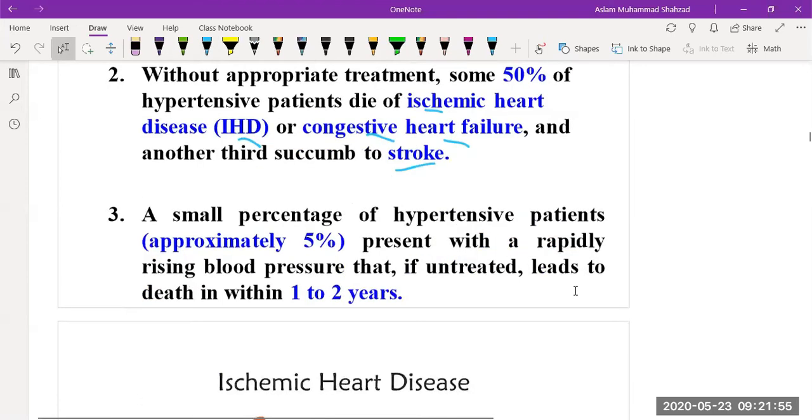A small percentage, around 5%, have rapidly rising blood pressure that, if untreated, leads to death within 1 to 2 years. So that is the mortality rate if the patient is not treated for hypertension.